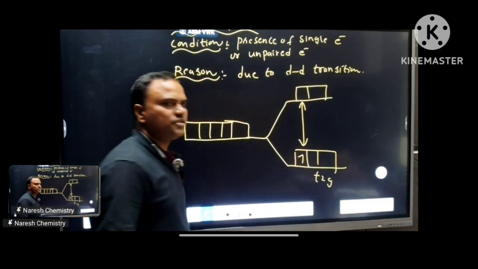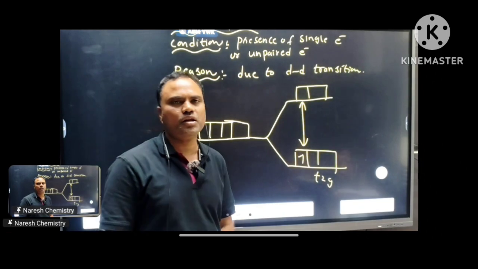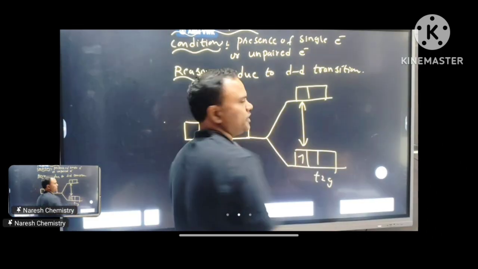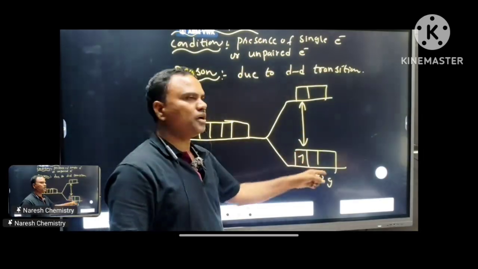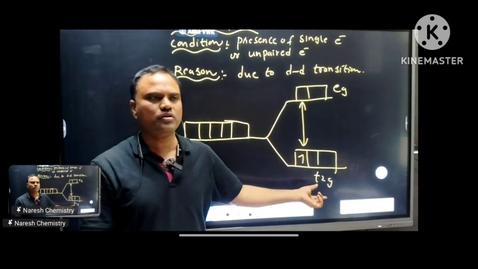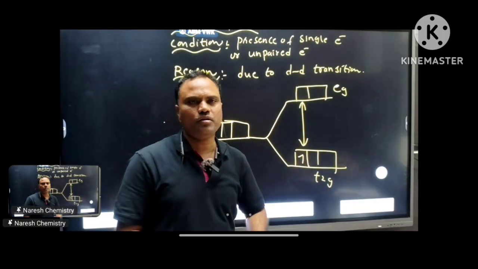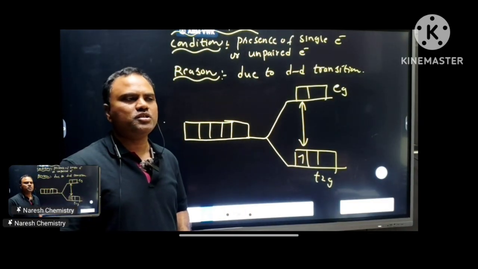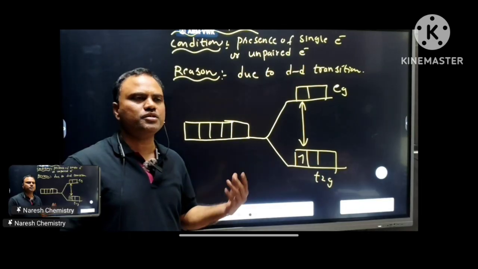Due to these transitions, d block elements and their compounds show colors. It is called d-d transition because this is a d orbital and this is also a d orbital. t2g means a type of d orbital. So the condition for color is presence of a single electron and the reason is d-d transition.